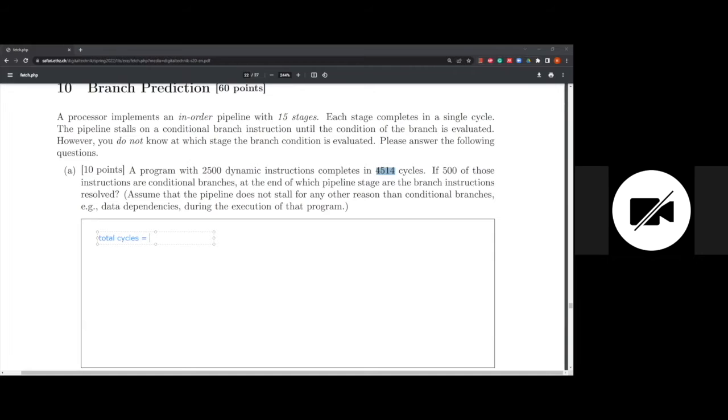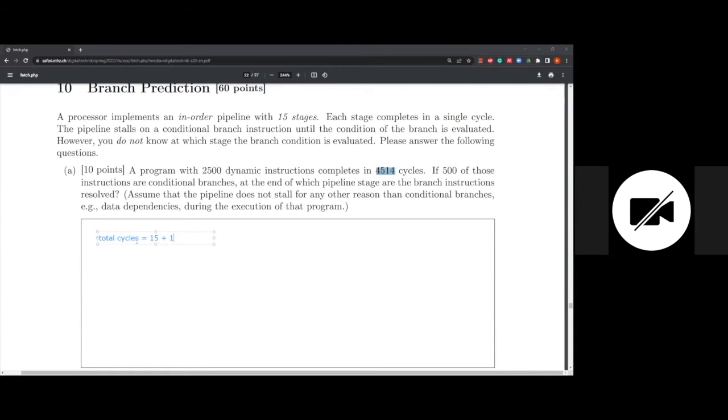First is the number of pipeline stages. Assume you have only one instruction to execute in this processor. It will execute in exactly 15 cycles because the instruction goes through every pipeline stage. If you have two instructions, they will be executed in 15 plus 1 cycles.